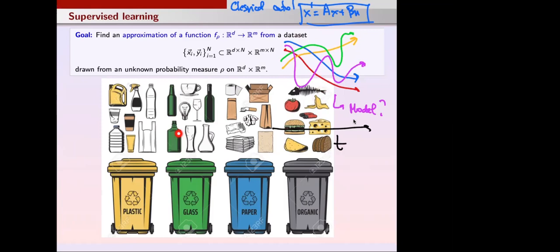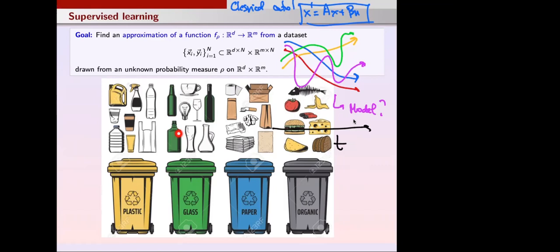But now the question is, can I build dynamical systems that develop dynamics which are completely artificial, like the one of classifying items according to the materials they are constituted of?